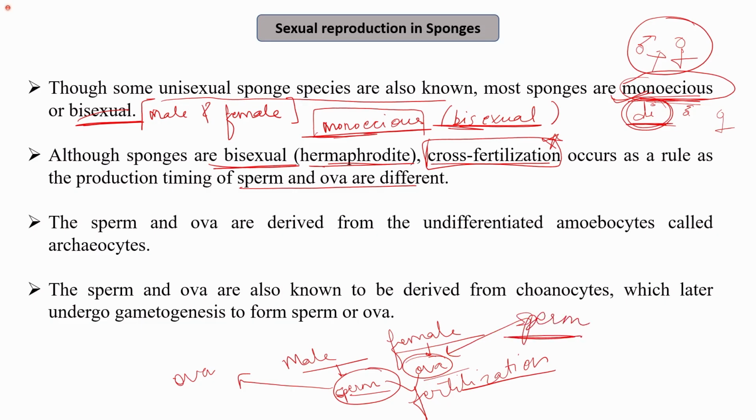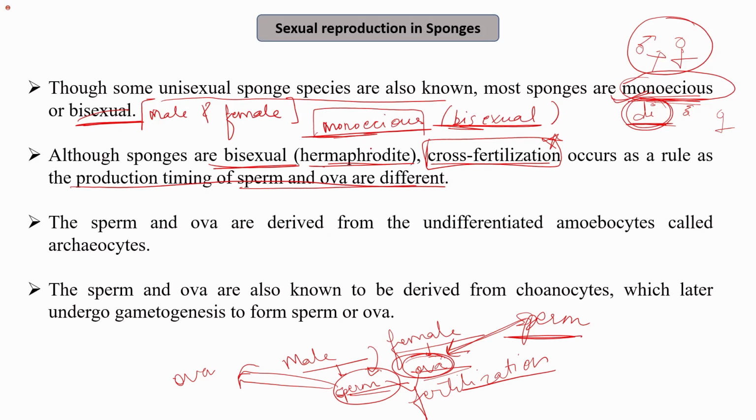Why this is happening is that although both sperm and ova are present in the same organism since they are hermaphrodite, their production timing is different. Either the sperm will develop and the ova will not develop at that time, so this sperm will fertilize the ova of another organism, or vice versa, the ova might have developed but the sperm is not yet produced, and therefore this ova is fertilized by the sperm of the other sponge.